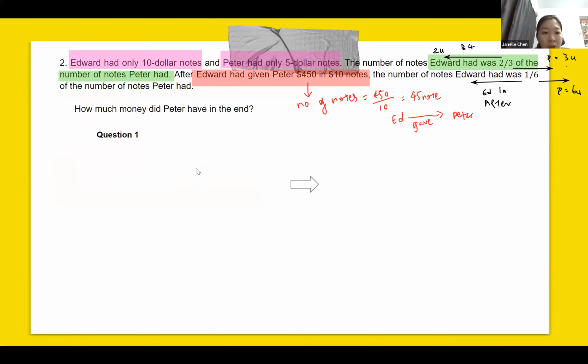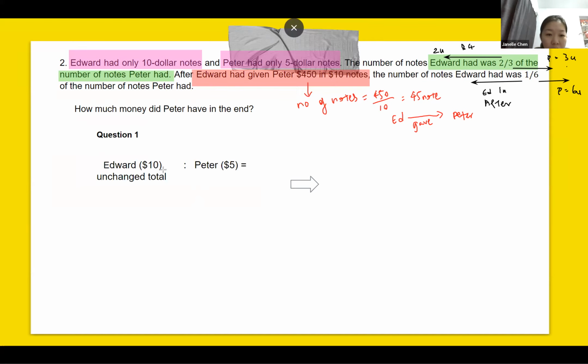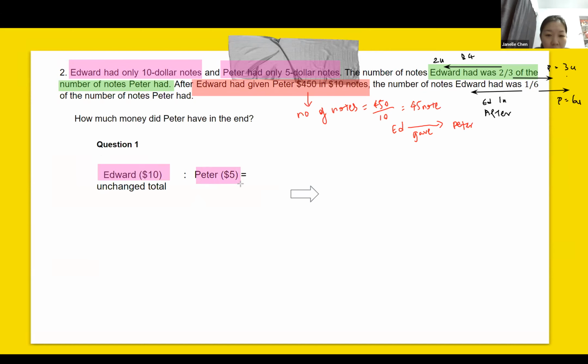Okay, so here we have the first thing that I highlighted just now in pink color. So it was Edward $10, Peter $10. I will write it down like that so that you can see better. Wait, let me get rid of this because this is a typo.